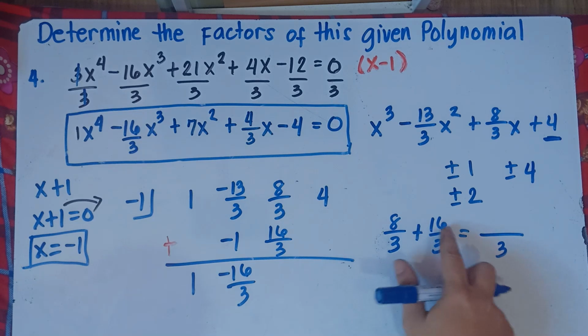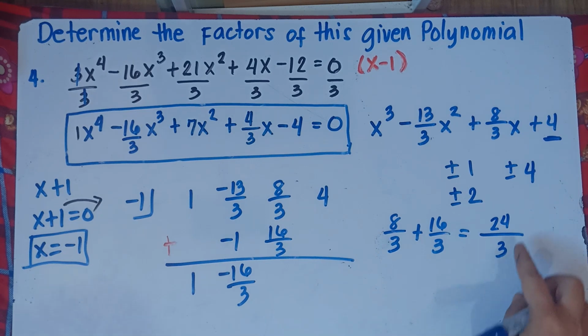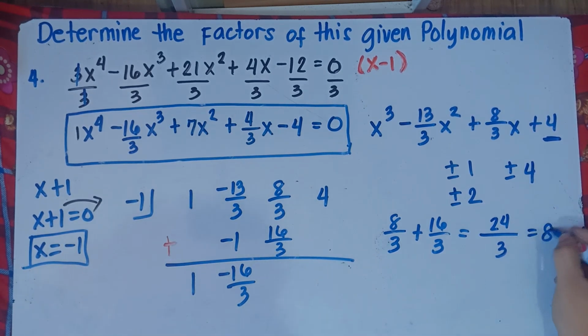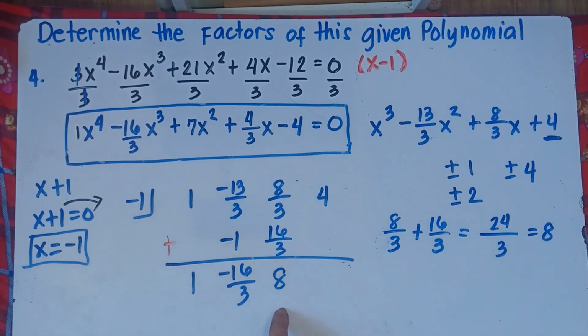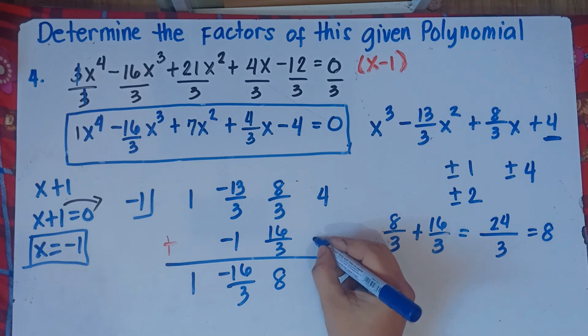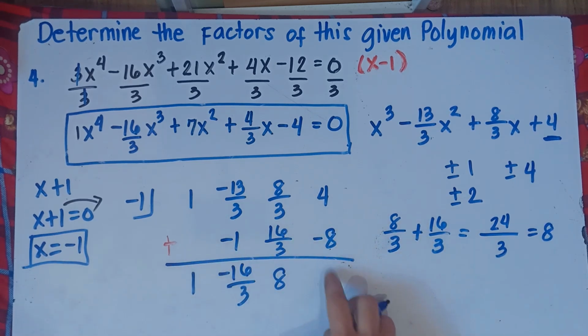Then you add the numerators, 16 plus 8, that is 24. Then 24 divided by 3 is 8. Alright, so this is 8. Then you multiply negative 1 times 8, that's negative 8. 4 plus negative 8, that's negative 4.